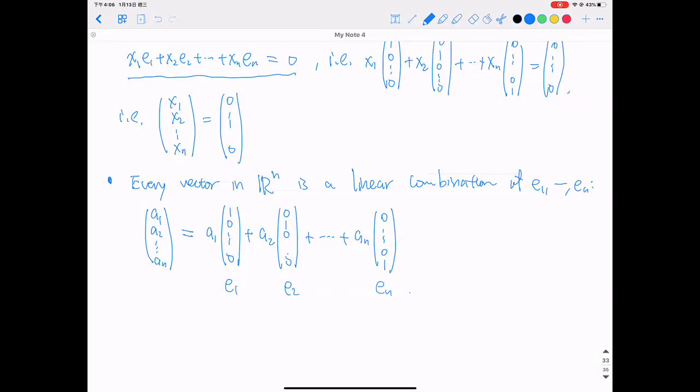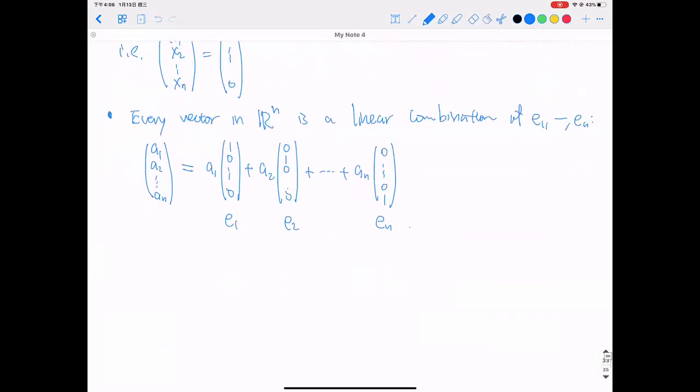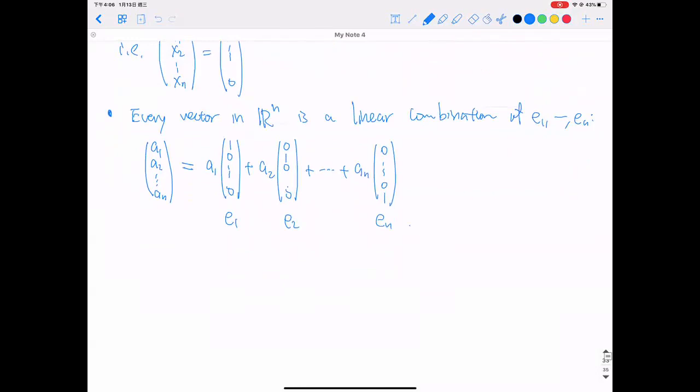Okay, so lastly, let's consider a theorem.